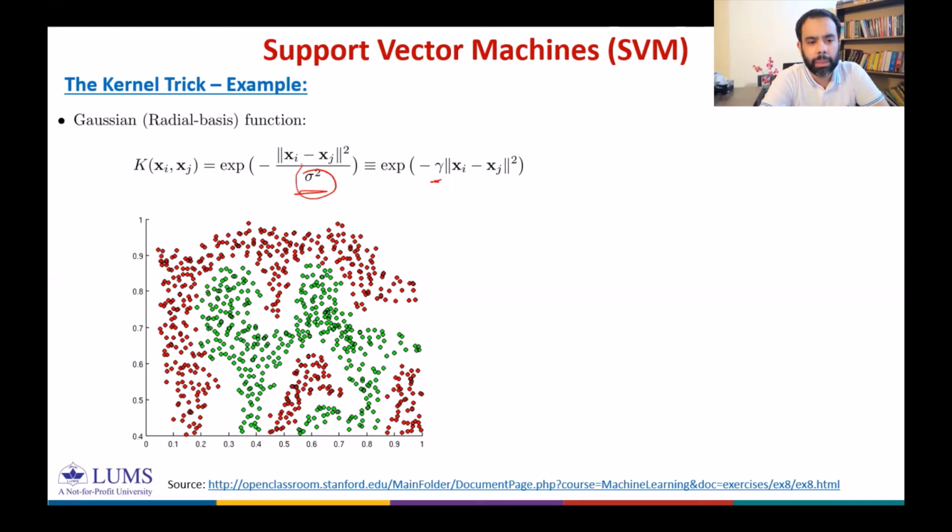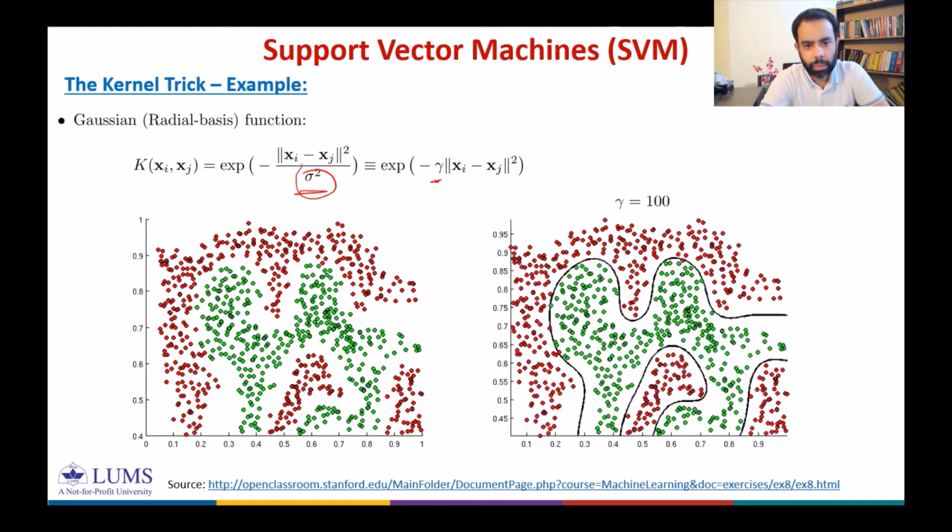If I learn the decision boundary for gamma equal to 100, I get this non-linear boundary using SVM. So how do you interpret this? We are mapping this two-dimensional data to an infinite dimensional feature space. There we are learning a hyperplane separating the two classes.